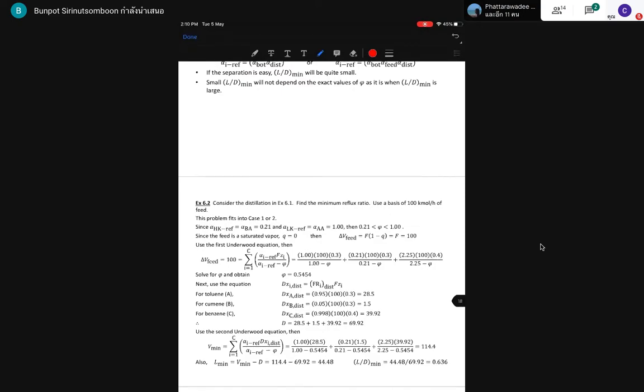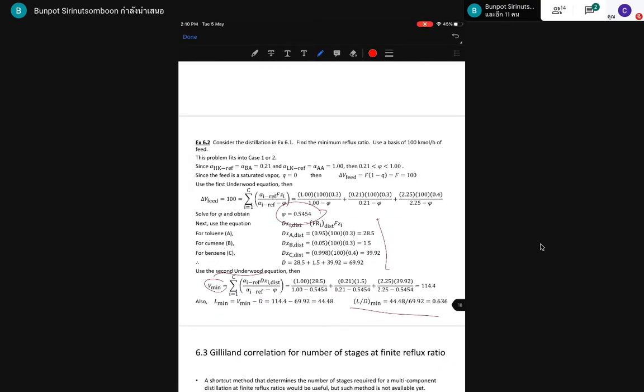We use the result from 6.1, the result from the Fenske equation, and then continue with the Underwood equation to solve for phi, and then use the second Underwood equation to find V min, and finally I find the minimum reflux ratio here. So this one fits case number two.